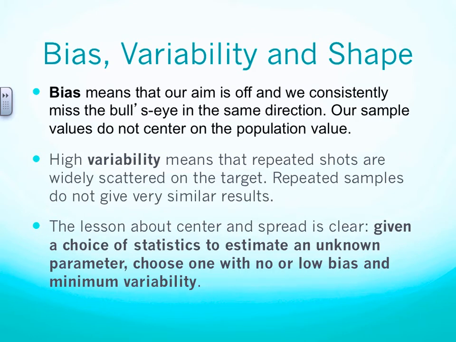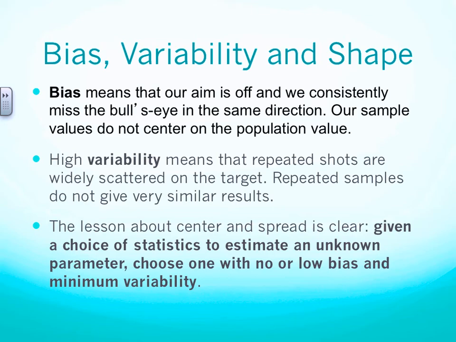So bias means that our aim is off and we consistently miss the bullseye in the same direction. Our sample values do not center on the population value. High variability means that repeated shots are widely scattered on the target. Repeated samples do not give similar results.